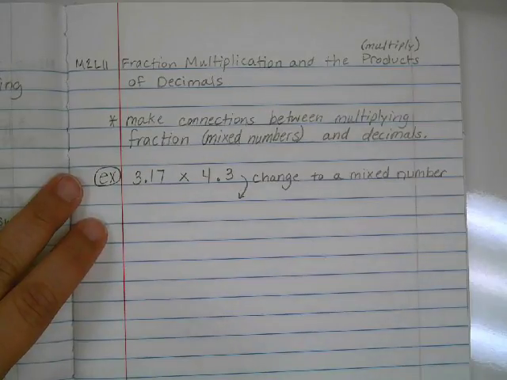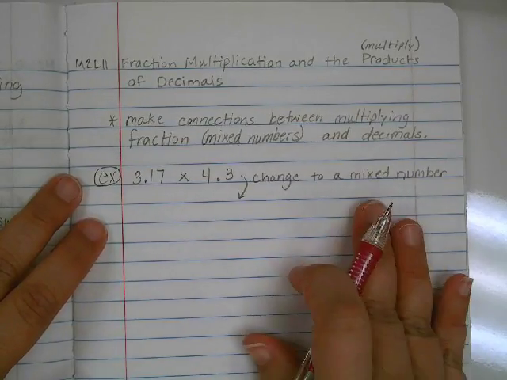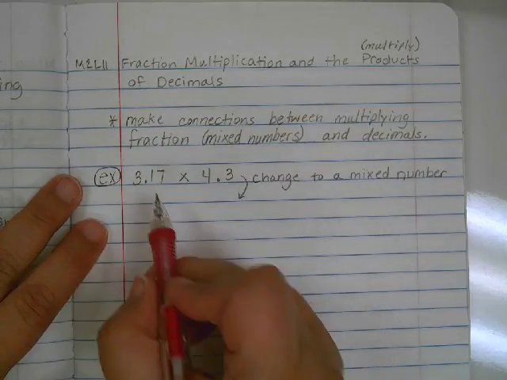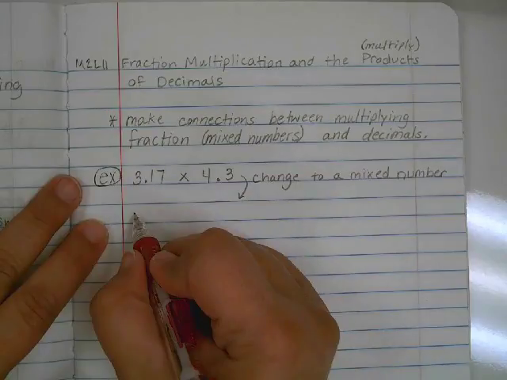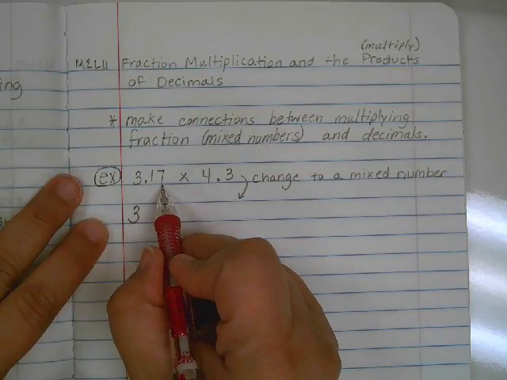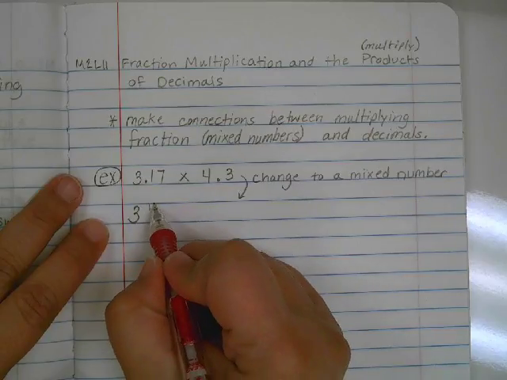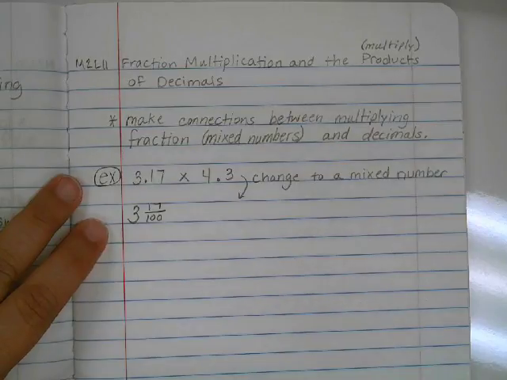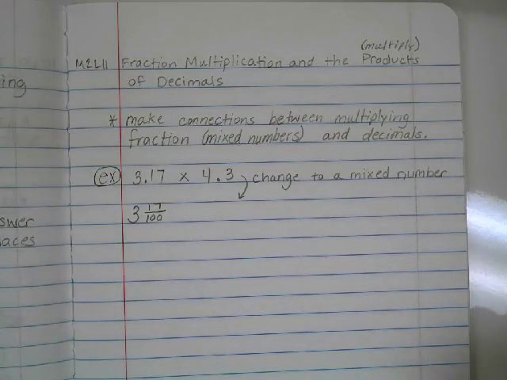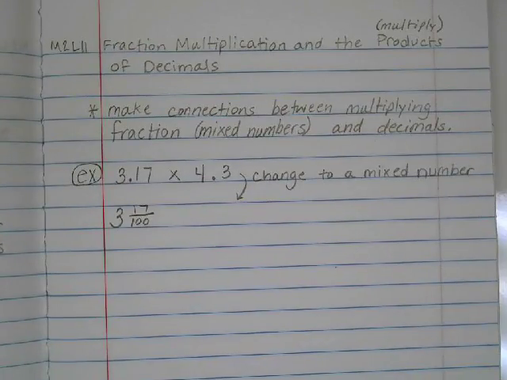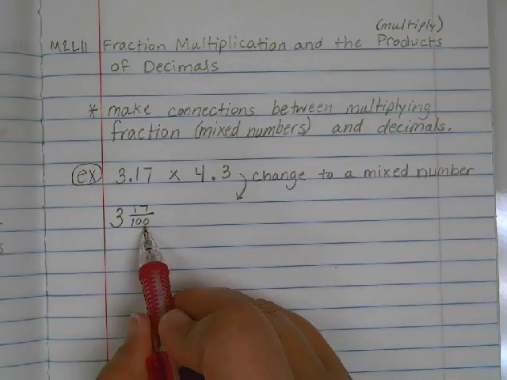And you don't have to write out these steps in your work, but for your notes, go ahead and do that so that you understand what you're doing. Because this is a whole number, I write it as a whole number. And then this is 17/100, so I put 17 over 100. Some of you might be saying to yourself, how do you know that it's 17/100? Well, however many digits are behind a decimal, we're going to make sure that there's that many zeros in our denominator.